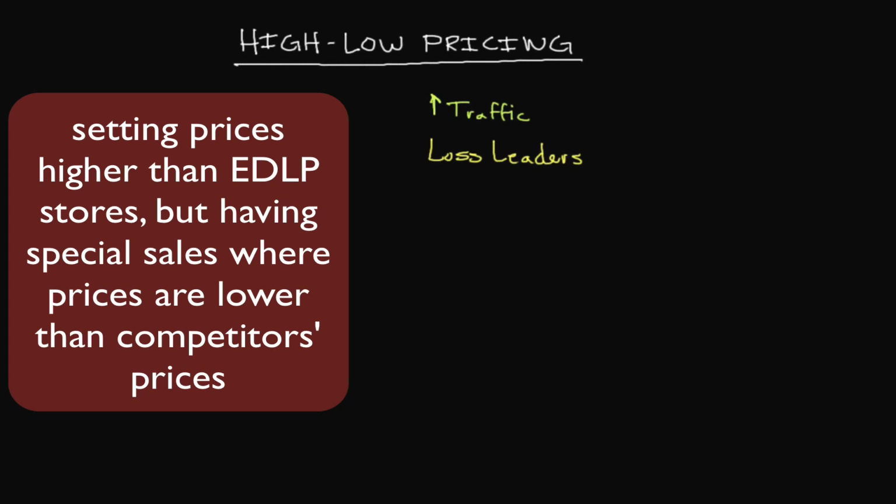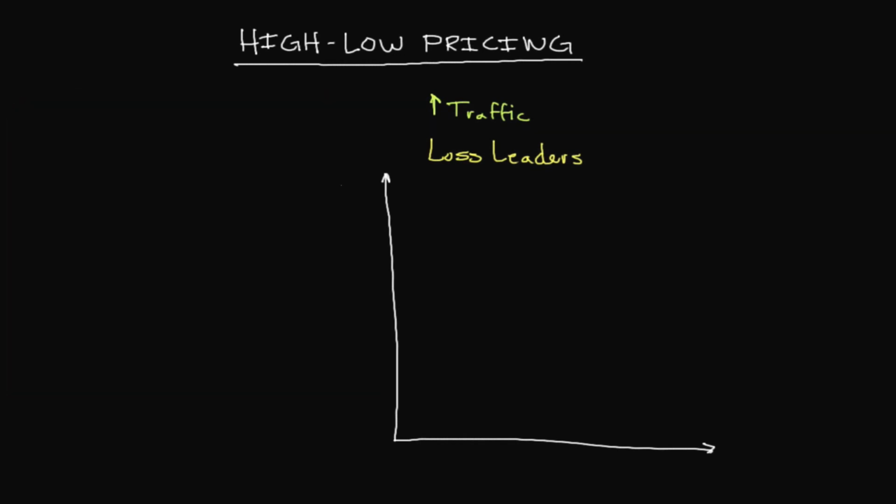So how does high-low pricing compare to some of the other pricing strategies that we've already talked about? Let's first do a brief review. On the y-axis, we have price. On the x-axis, we have the quantity of goods that are actually sold in a given period of time.